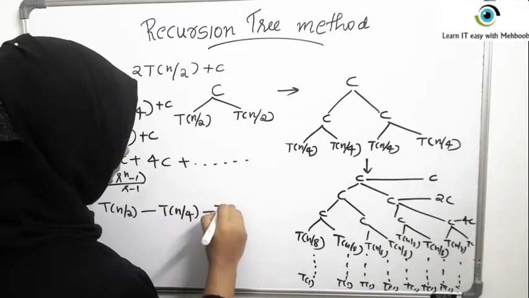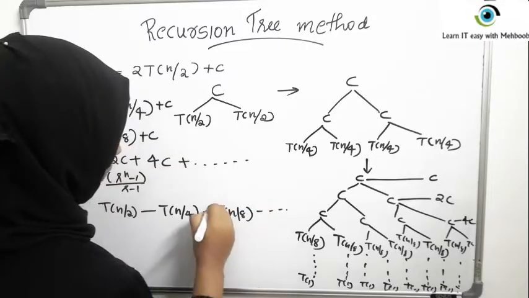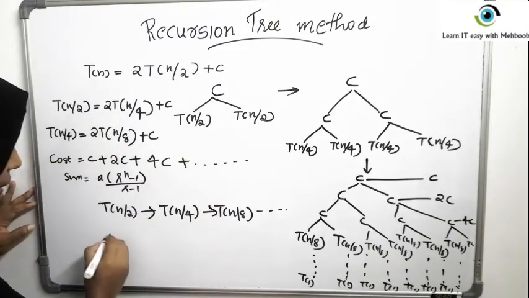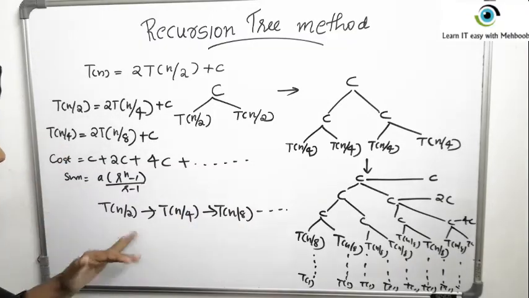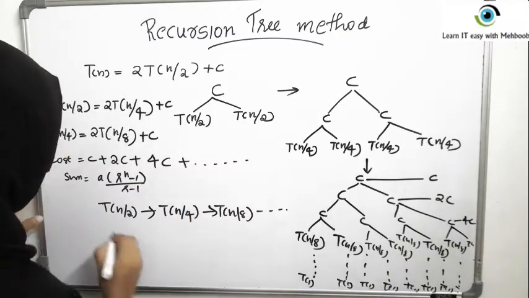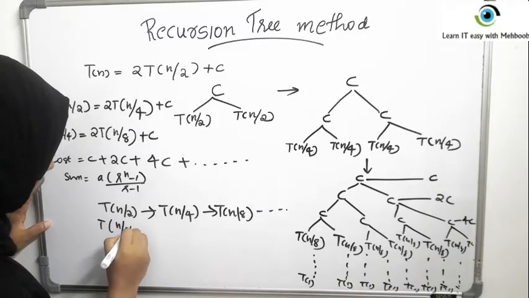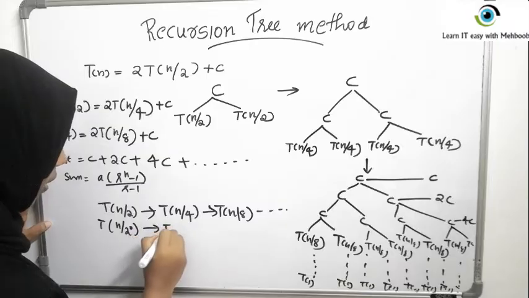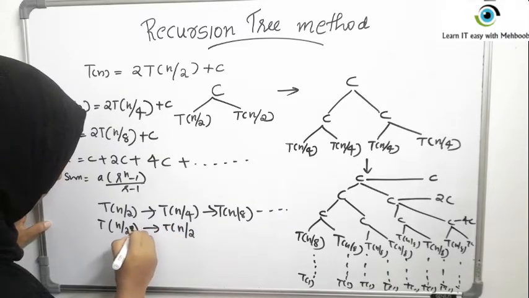The next level it became T(n/8), and it went on like that, isn't it? That is, this is 2, this is 4, this is 8. That is, the denominator is increasing in the powers of 2. So T(n/2 raised to 0), T(n/2 raised to 1).